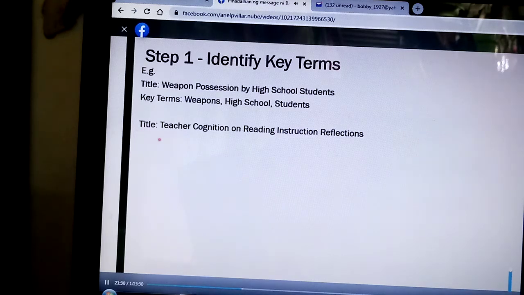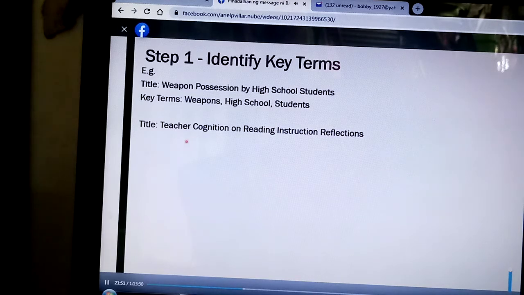Ito po ay title ng aking dissertation. Teacher Cognition on Reading Instruction Reflections. So, what are the key terms on teacher cognition on reading instruction reflections? Kung maghahanap ako ng mga key terms, that will be the basis for my discussion sa aking review of related literature.